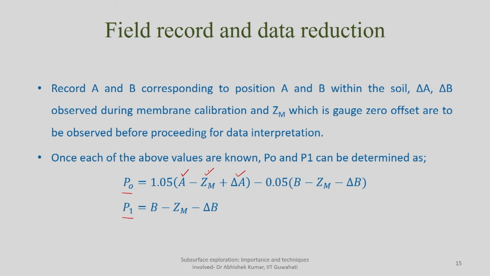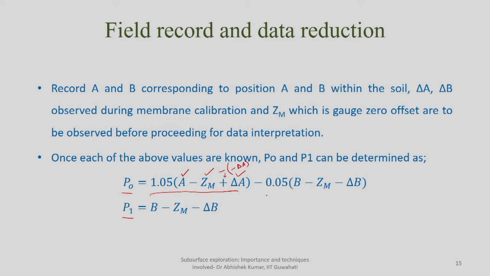This is the gauge 0 offset. So it was minus, because it is some additional component because of the membrane stiffness, and then it will be minus delta A because it is a suction pressure. So that will come up as minus Zm plus delta A. So that's how you get it.